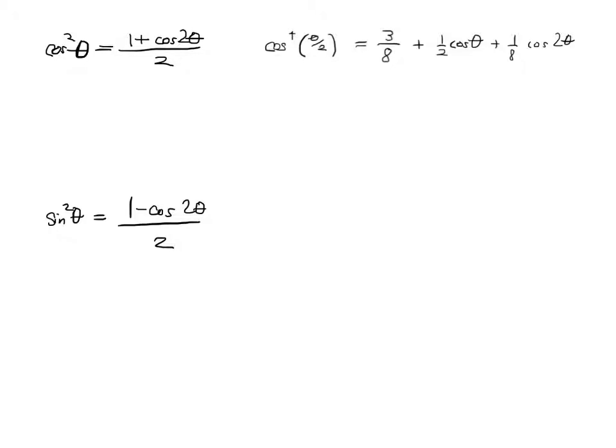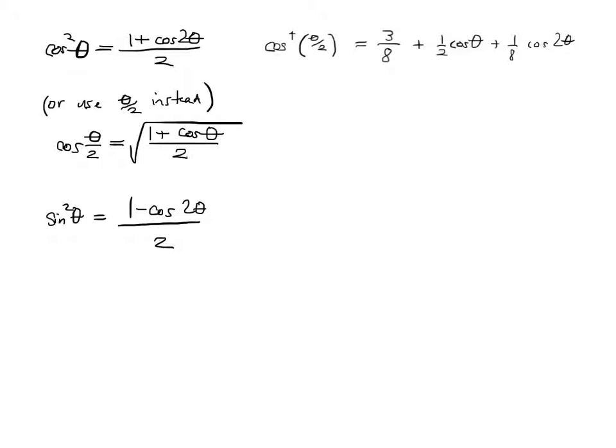The other way of saying this is to use theta over 2 instead of theta, and take the square root of both sides to say that cosine of theta over 2 is the square root of 1 plus cosine theta over 2.